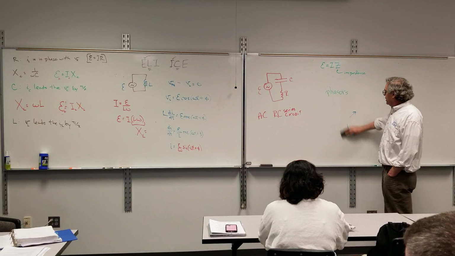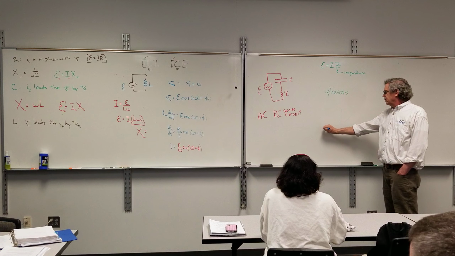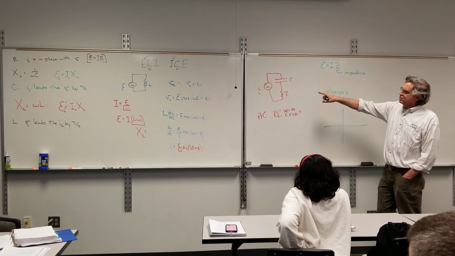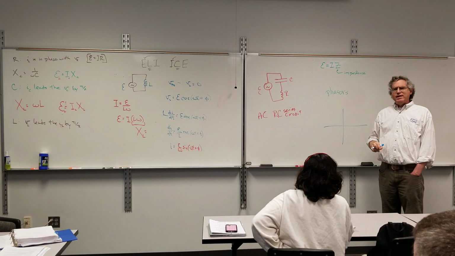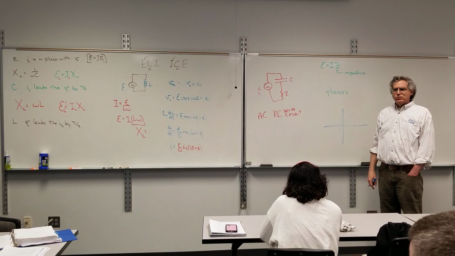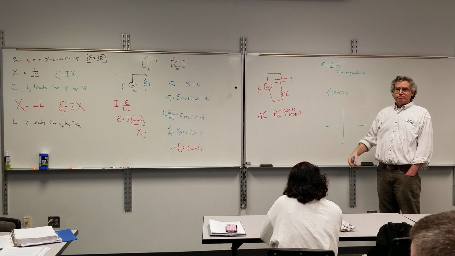So when you're doing phasor diagram versions of it, you look at this and you say, all right, is there anything common to everything here? Do all the components have the same voltage, or do all the components have the same current?